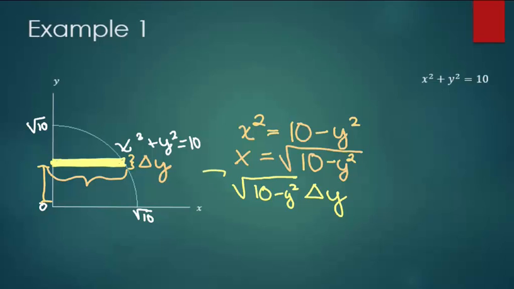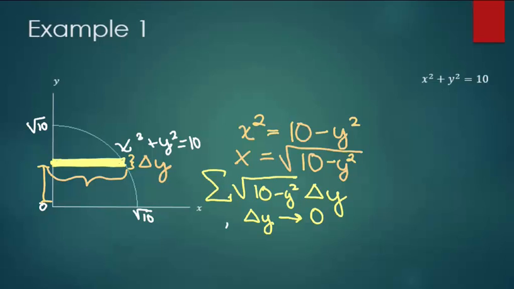So all you do is add a sigma, and as we let delta y go to 0 so that we have an infinite number of rectangles, we get a definite integral, which will be evaluated from the heights 0 to the square root of 10, because that's the highest that you're going to go with this function anyway.